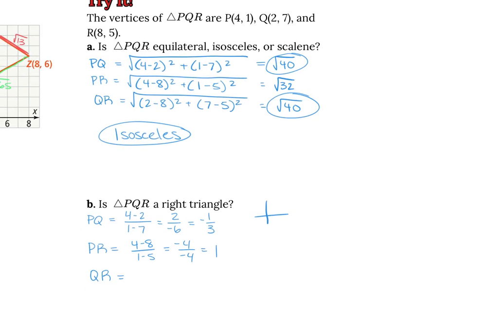So we want to check our last one. Okay, so that one doesn't give me a negative reciprocal as well. So because there are no negative reciprocal slopes, that means that this is not a right triangle.